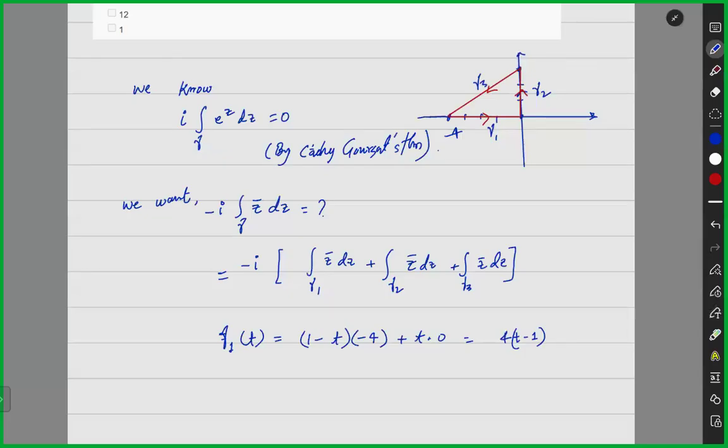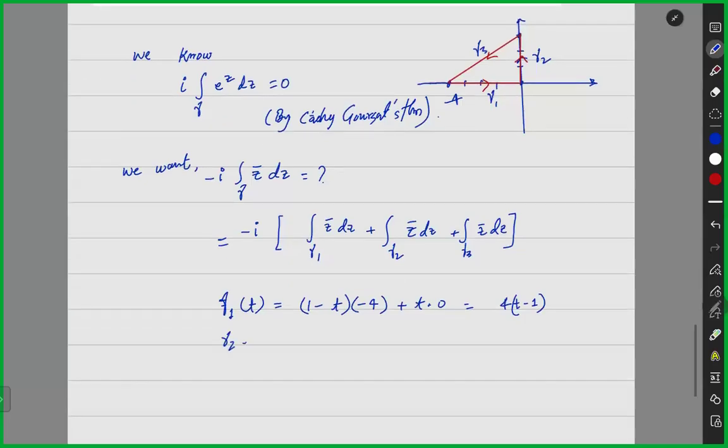What is gamma 2 of t? We can write this in a similar fashion. At 0 we are getting 0, so here we write 0 plus t times 3i, since the endpoint is 3i. So we just get 3it.